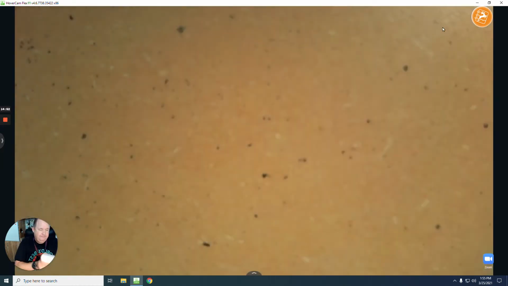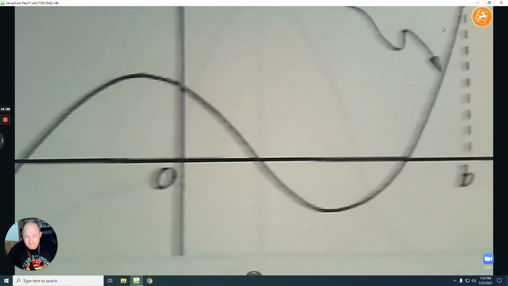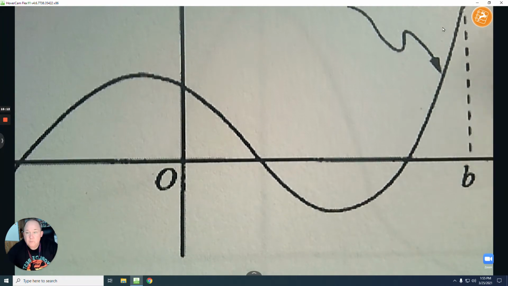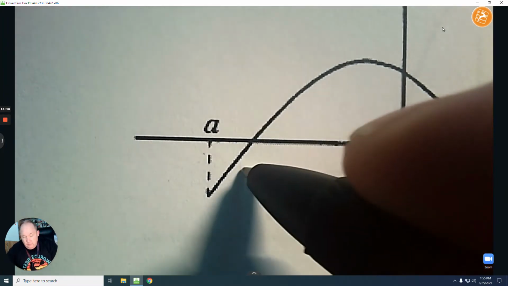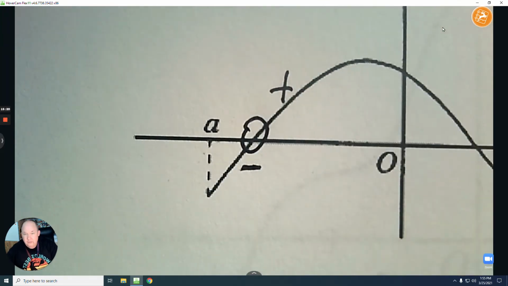Number 7. In question number 7, you're given this graph, and it says the graph of the derivative is shown. Which of the following describes the relative extrema of f on the open interval? If this is the derivative, then when you go from negative to positive, that is a minimum.